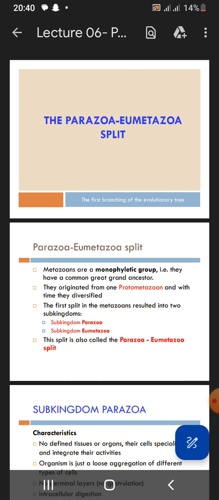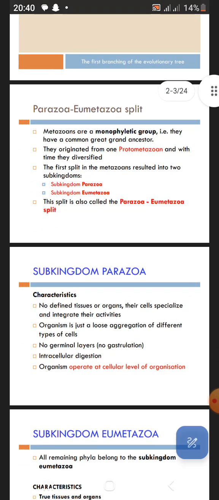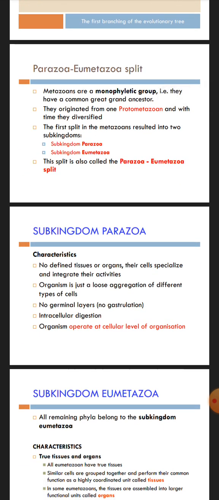So that splitting of metazoa is called the PARAZOA EUMETAZOA split. So now we have two subkingdoms of metazoa.